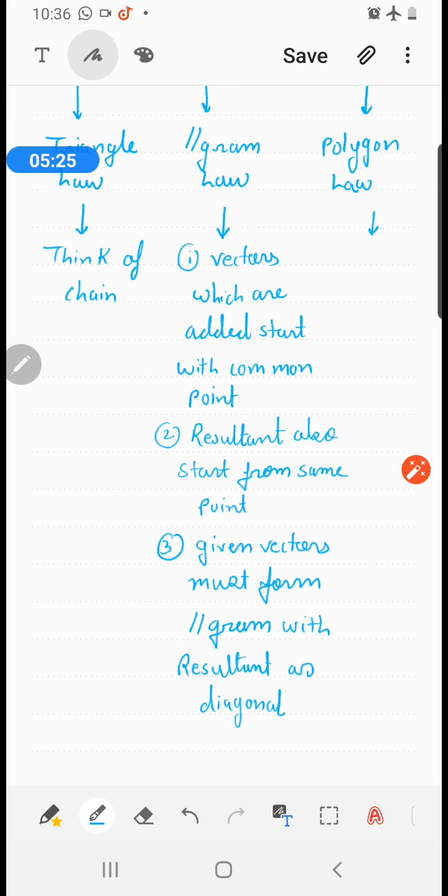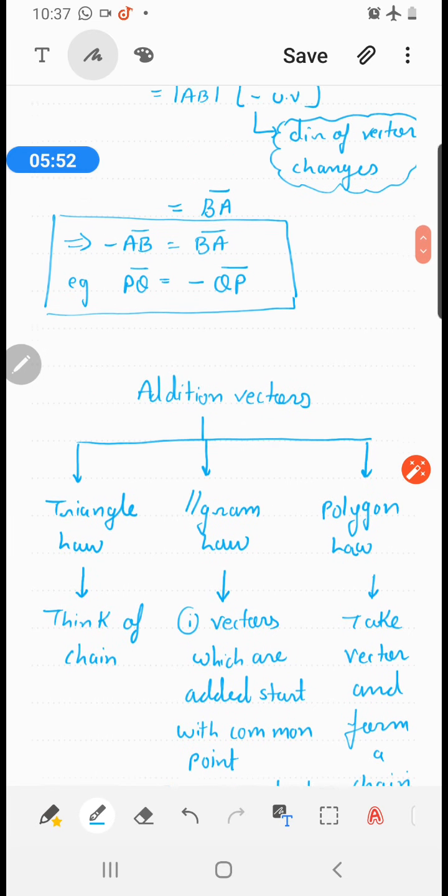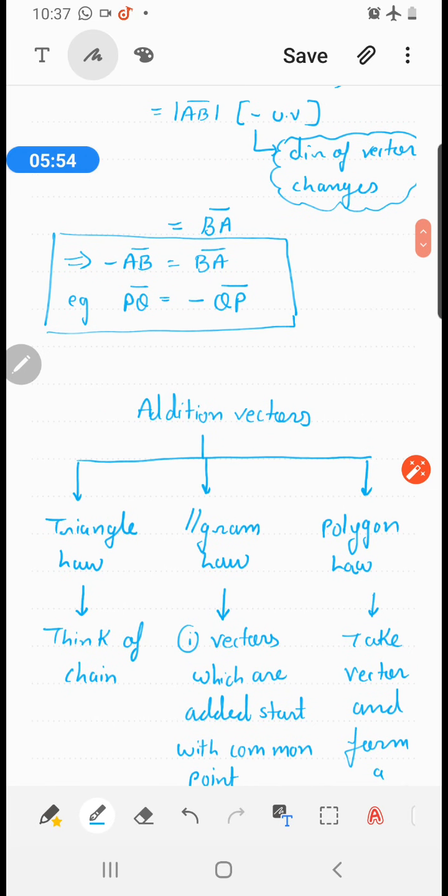Polygon law is: take a vector and form a chain. I repeat, when I use polygon law, I'll take a vector and I'll form a chain. So keep these three things in your mind and it would be enough to understand when to use which formula.